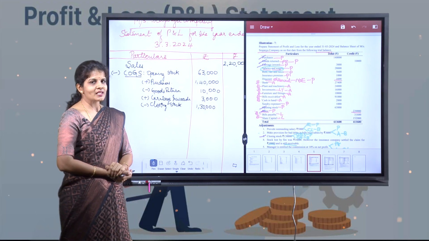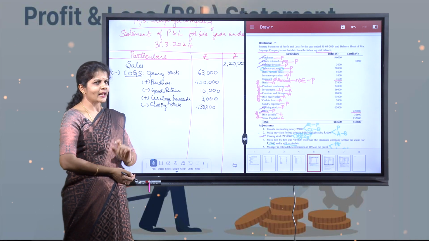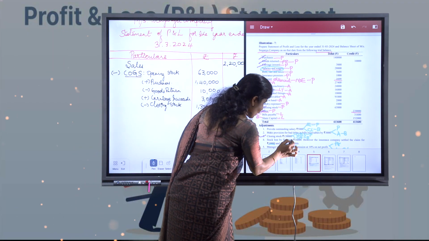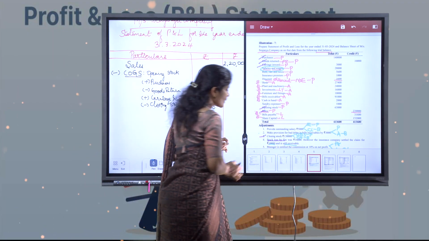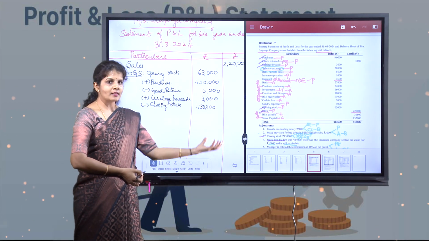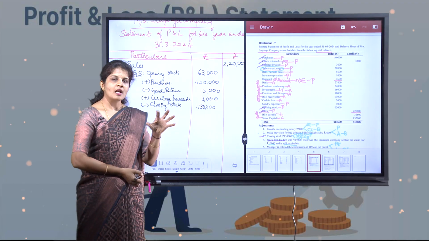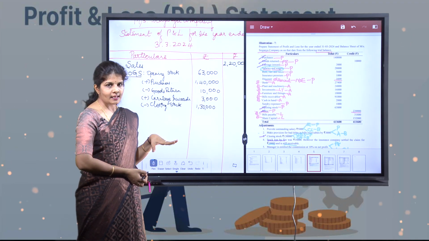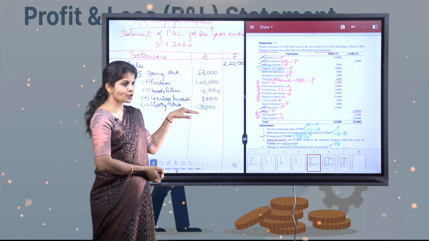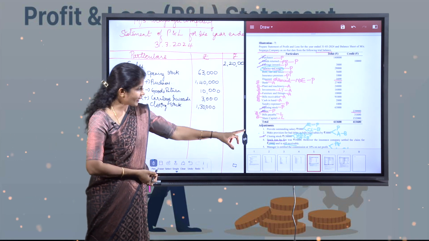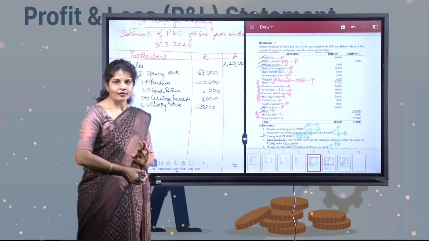There is one more adjustment we need to consider here, one extra adjustment. What is that? That is stock lost by fire. Since there is stock which is lost due to fire, that stock does not exist, so whatever stock is there in the company is to be deducted by 14,000.